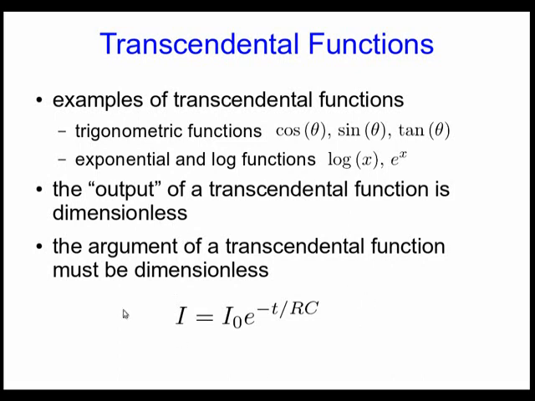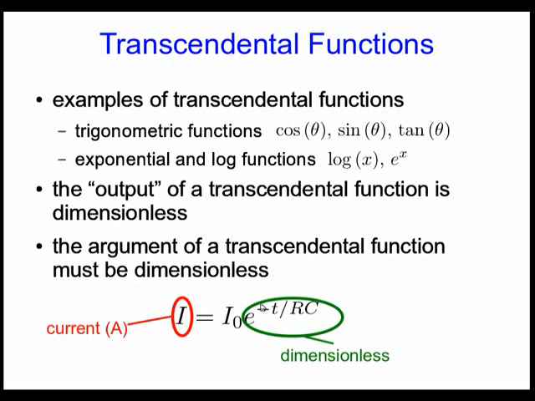So here's an example. This is an equation that you would encounter in circuits. It's to do with the current in an RC circuit, and let's not get into that anymore. But this I is a current measured in amps. Now, you know then that this exponential over here has to be dimensionless. And so if the left side and right side are to have the same dimensions, then this I0 must also be a current.